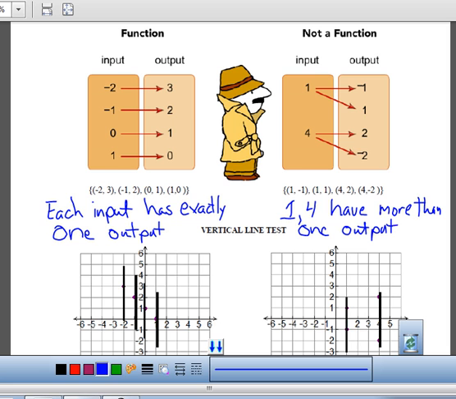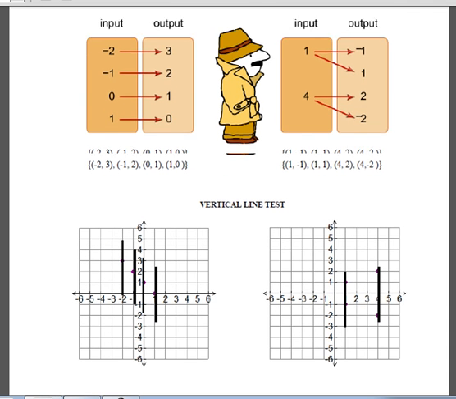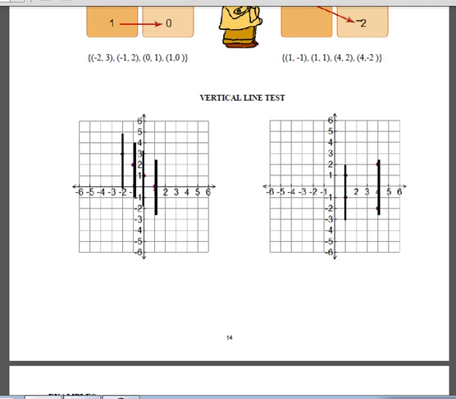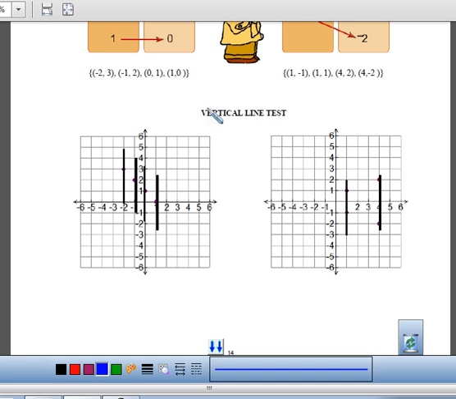Now, if I give you a graph and ask you to tell if it's a function, you can use something known as the vertical line test. Okay, first of all, what's a vertical line? It's a line that goes like this, up and down.